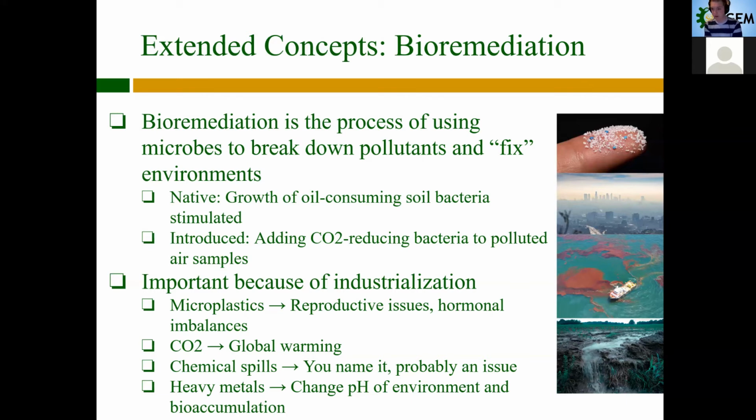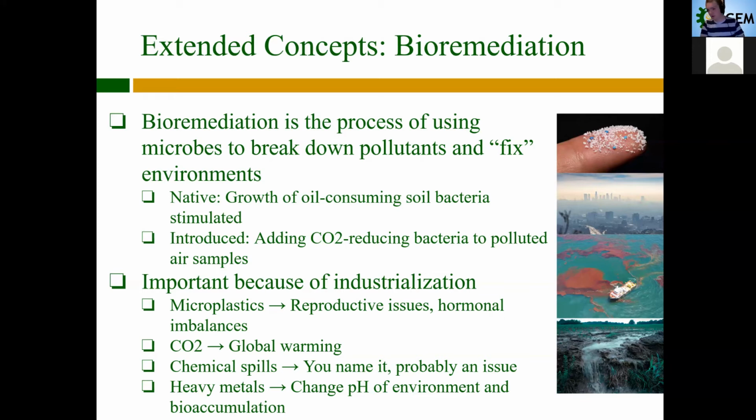And finally, heavy metals. So these are metals like mercury, cadmium, arsenic. Those are all heavy metals. And they change the pH of the environment. And for the most part, these metals are toxic to humans and also aquatic life, especially in large quantities. So bioaccumulation happens.